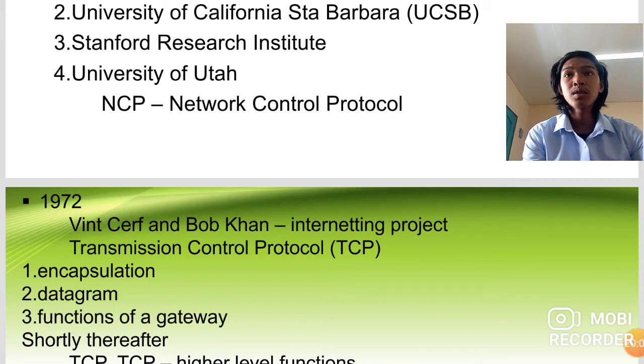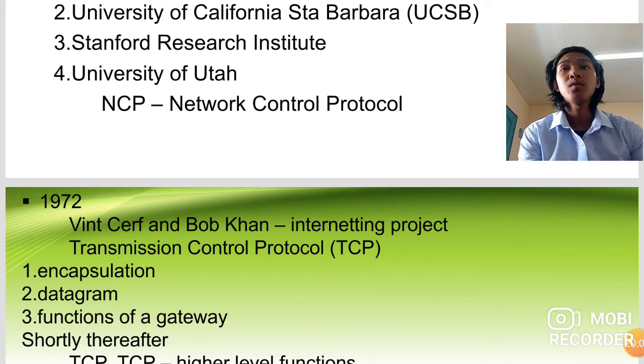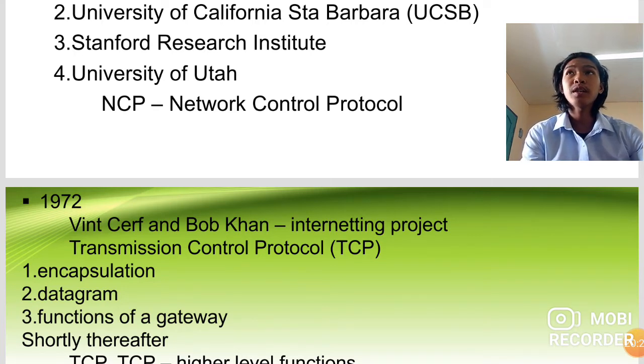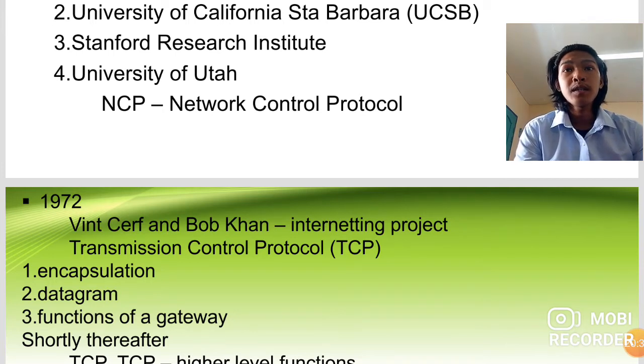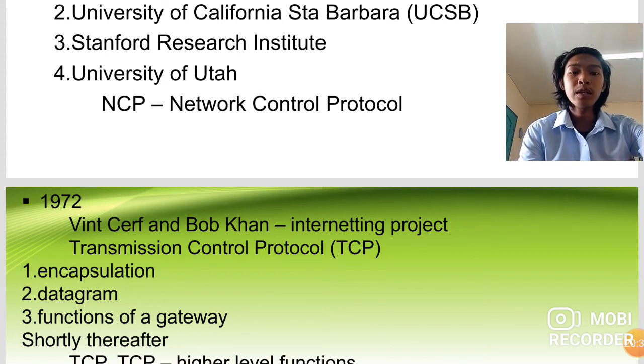Their work resulted in a protocol now known as TCP/IP that implemented key elements of the architecture. Dalawa sila ni Bob Kahn na nag-collaborate sa paggawa ng internet architecture. Dalawa sila ni Vincent Cerf and Bob Kahn.